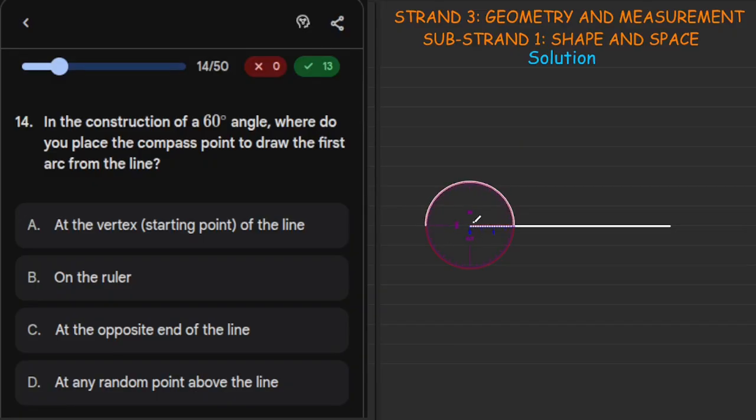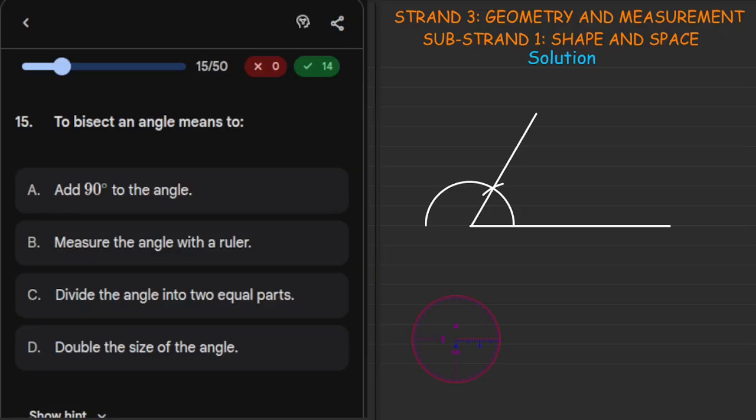It is with this arc that I can now move and draw my other arc that would indicate my 60 degrees. So the first step is to stand at the vertex, the starting point of the line, and draw our arc.